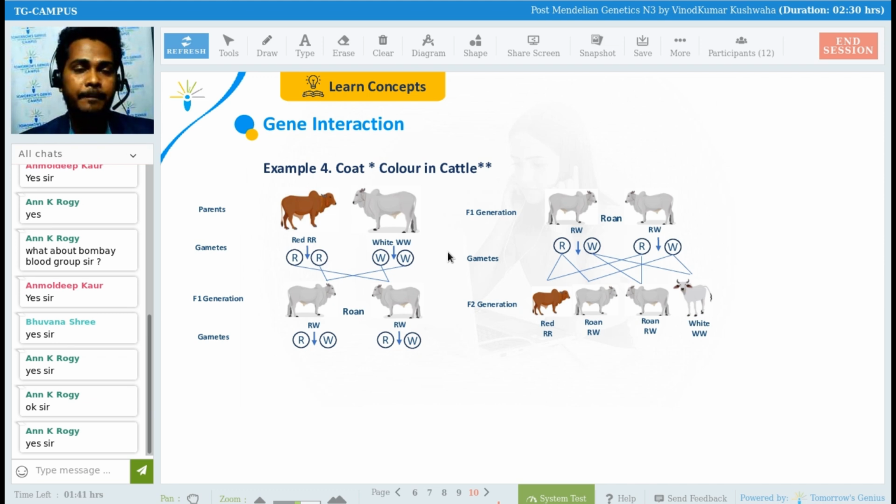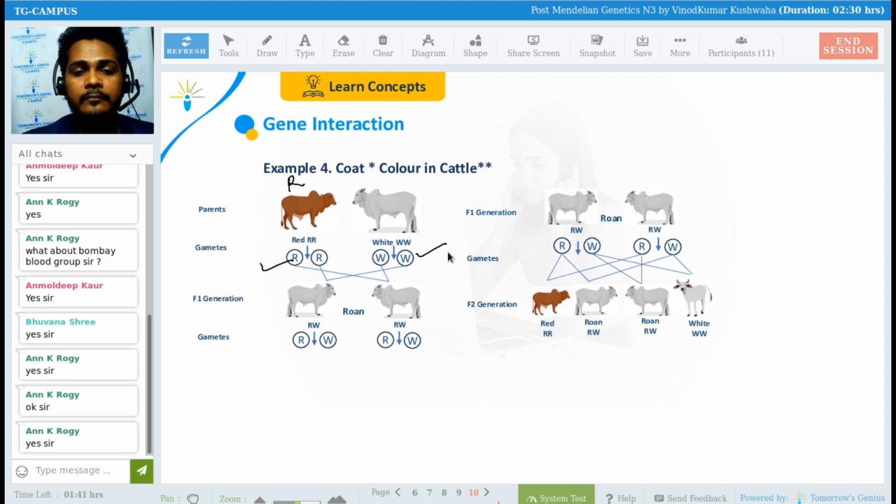So in the cattle gene, similarly R. Can you see here in this cattle gene? Yes. Here is R, which represents the red coat color, and gene W for the white coat color. So I can write, this is R, so it is a red coat color. This is W, this is for white coat color.